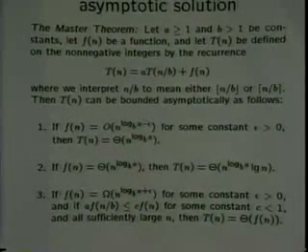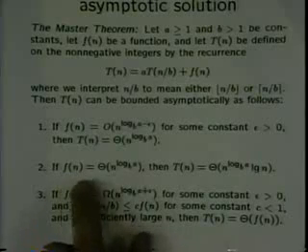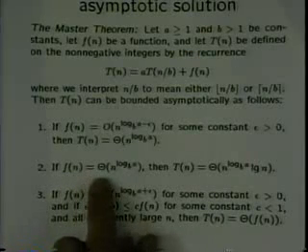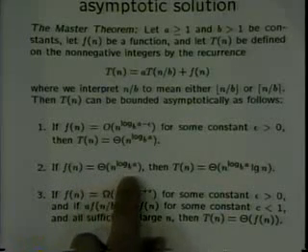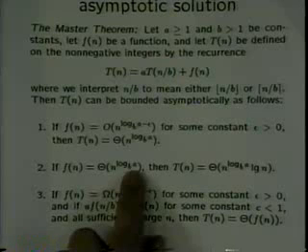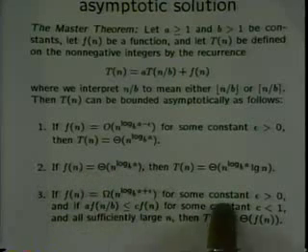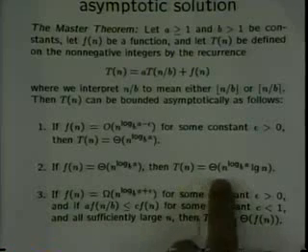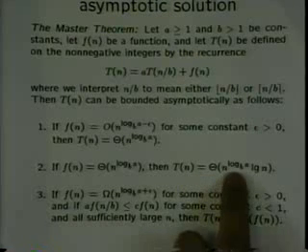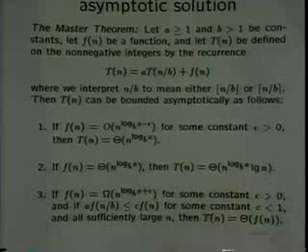Another possibility is that f of n is in fact exactly theta of n to the log base b of a. If that function happens to be exactly that, the answer is going to be theta of n to that constant times log n. That's what the value of the recurrence is.